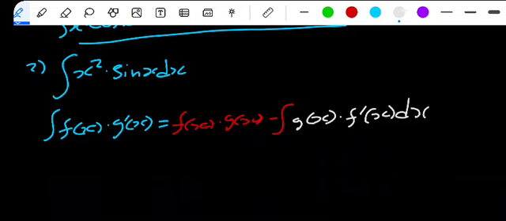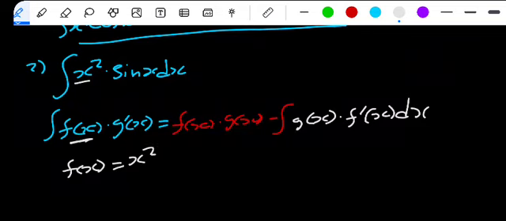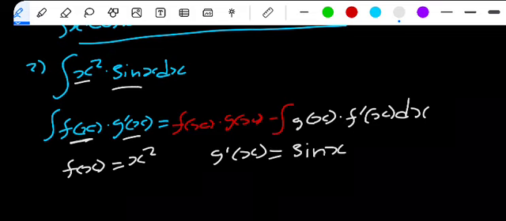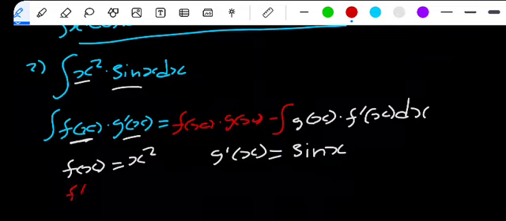So I will let f of x be equal to x squared. Then I will let g prime of x be equal to sine x. Then f prime of x will be, dropping the exponent, 2x.